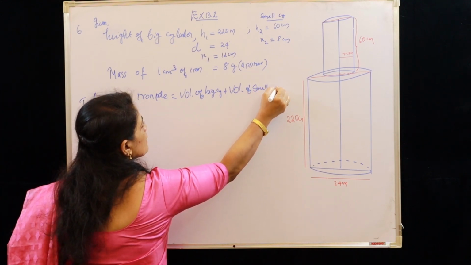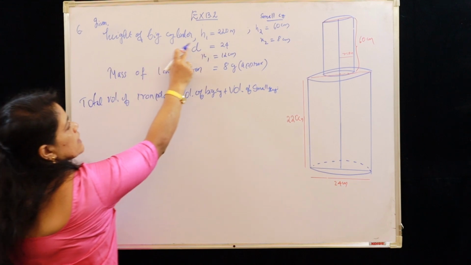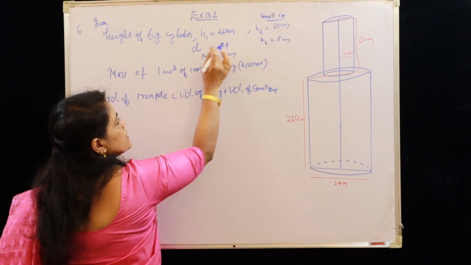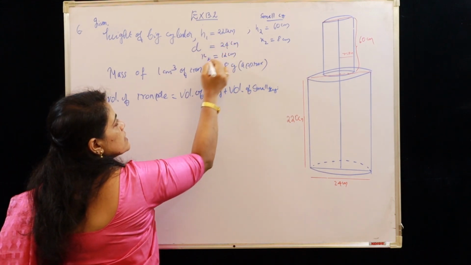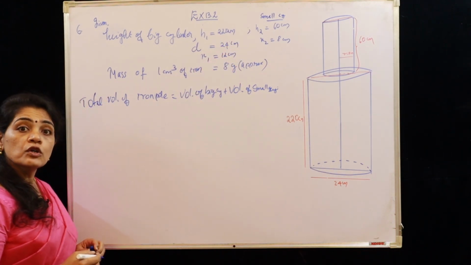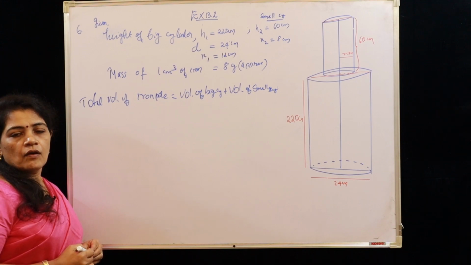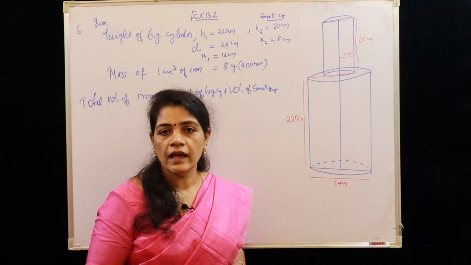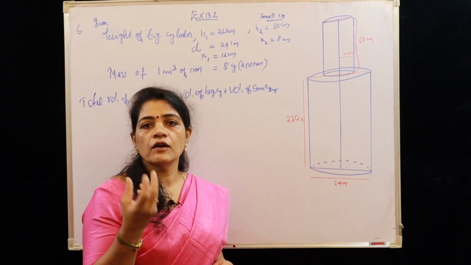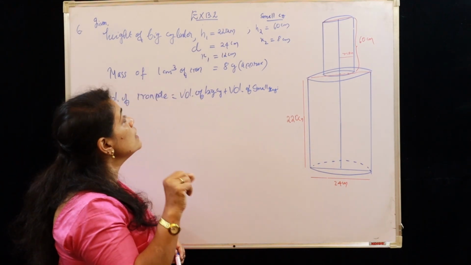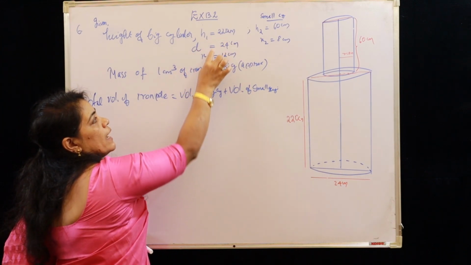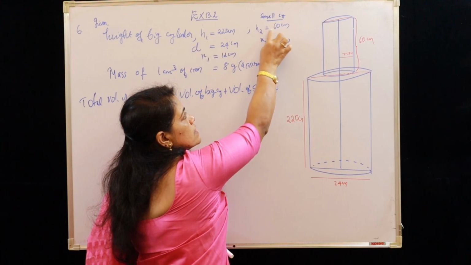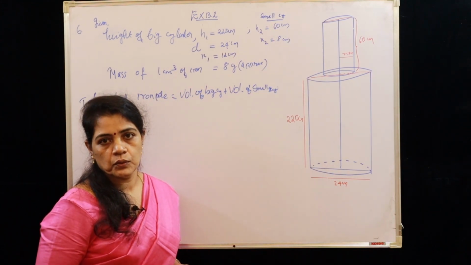We are given height h1 as 220 centimeter and diameter as 24 centimeter, implies radius is equal to 12 centimeter. Because here we have two cylinders having different radii and heights, we have to represent the big cylinder with H1 and R1 as height and radius respectively, and for the smaller cylinder H2 and R2.